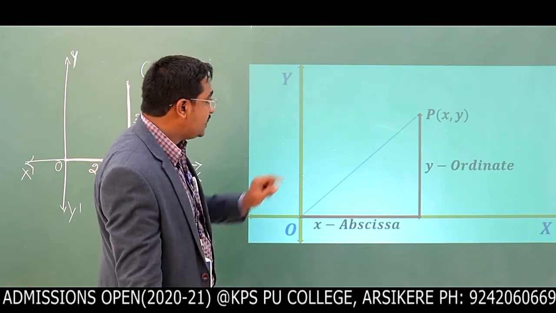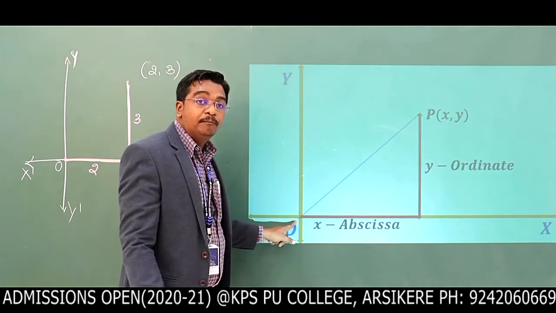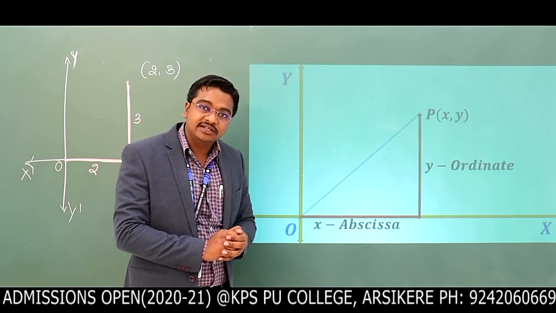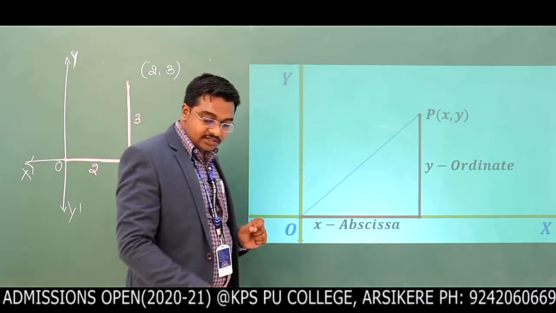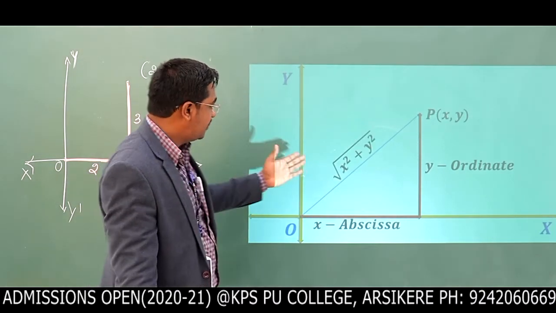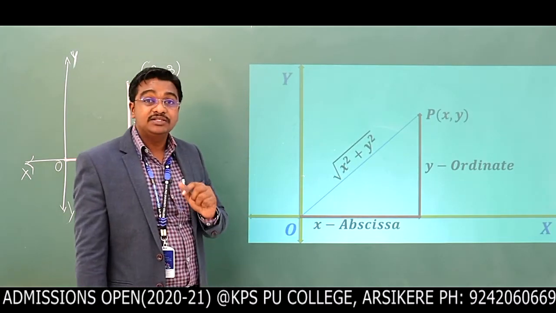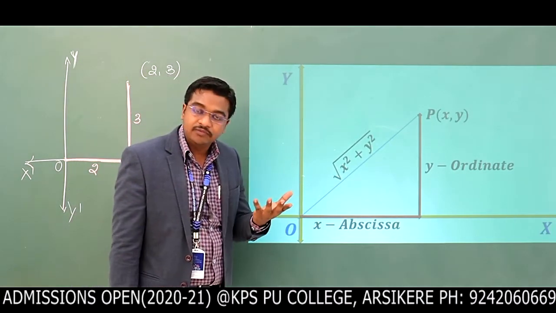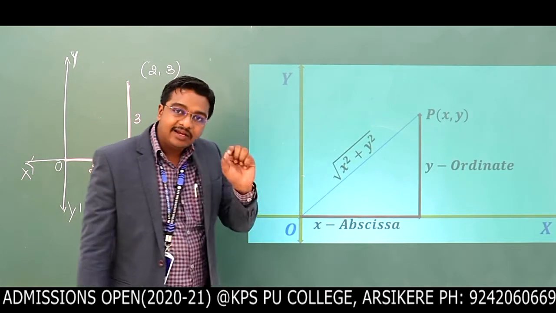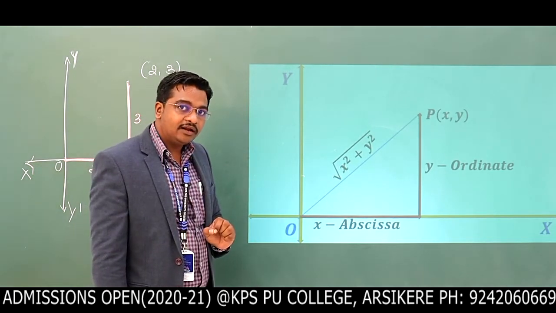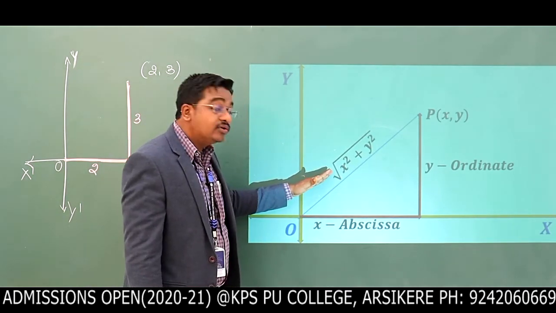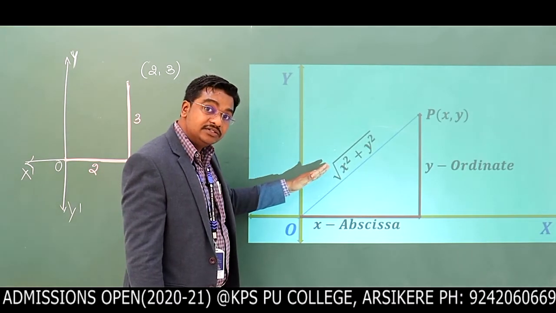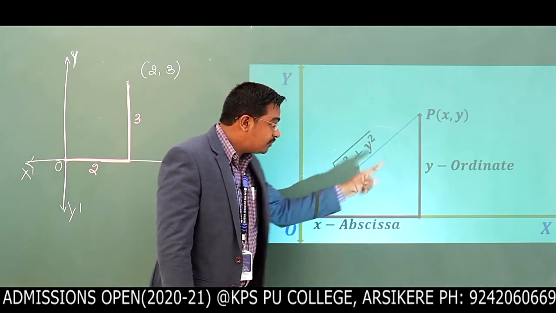Then the distance of the point P from the horizon, we have the formula root of x square plus y square. So apply the Pythagoras theorem. Obviously this represents a right angle triangle. So in a right angle triangle, hypotenuse square is equal to the sum of the squares of what? x square plus y square.